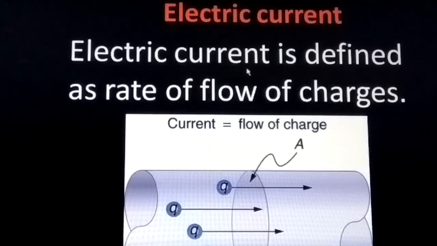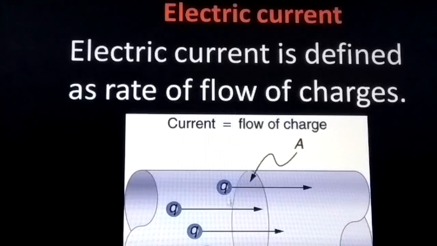The important thing is the rate of flow of charges. So that means if there is a flow of charges, then only we get the electricity. In the figure, observe here, the current means the flow of charges.